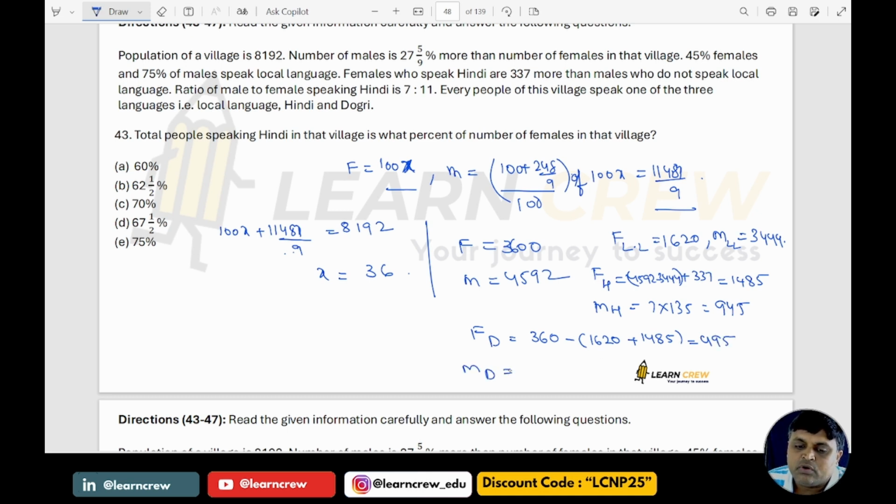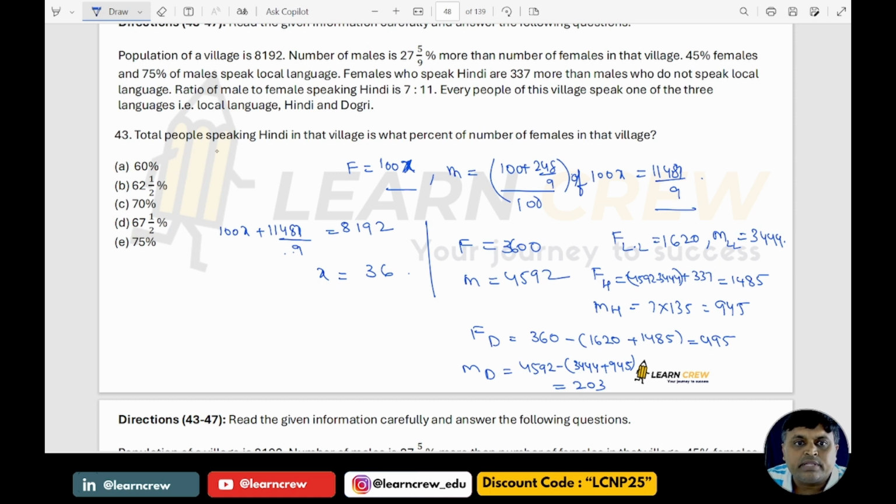For male Dogri, out of 4592, 3444 speak the local language and 945 speak Hindi. The remaining are 203. So 203 are males speaking Dogri. This is the information we have.